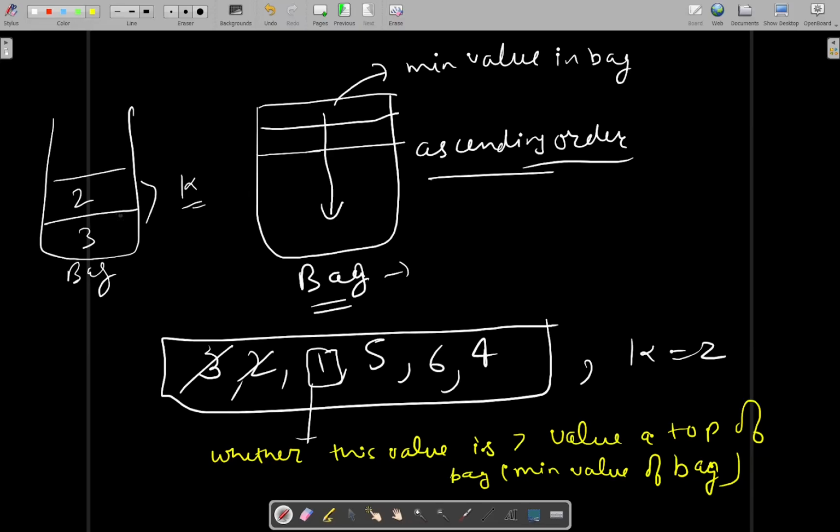And if that's the case, we will remove the top of the bag and put this value in the bag. Since it's not the case, we will skip and move to 5. Now 5 is greater than the top of the bag, we will remove 2 and insert 5.